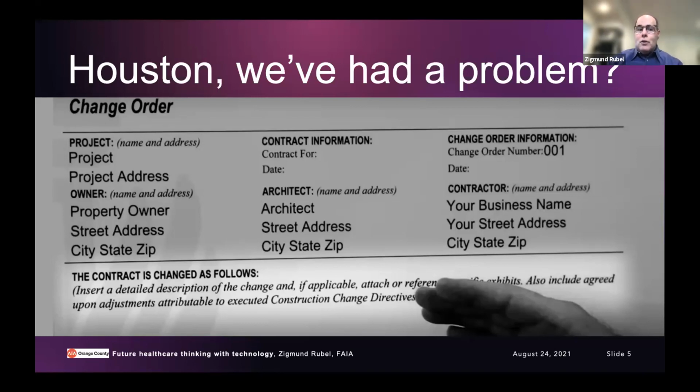And I don't know about you, but most of the healthcare projects I've worked on, there are owner-driven changes before the project opens up that could have been prevented. And I personally feel that that's something that can be looked at and done better if we had the right tools. And that's what I'm hoping to talk about today.